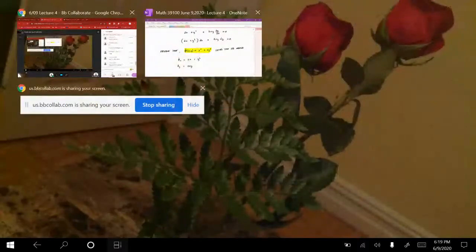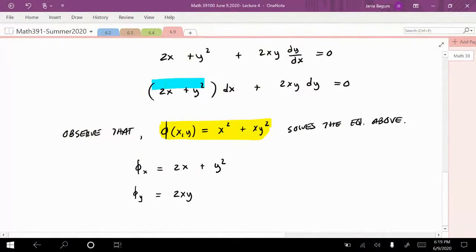So here's my partial that I just computed with respect to x, and here is my second partial that we computed with respect to y. That means this function is a solution to this differential equation, because you have partial derivatives along with some function of x and y.